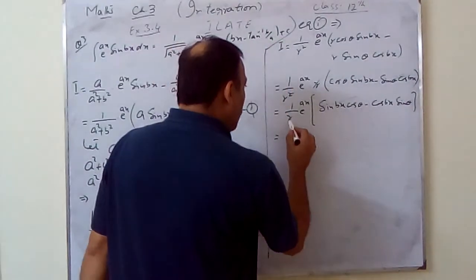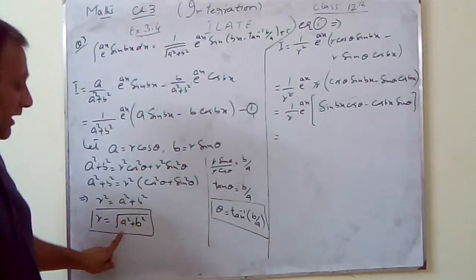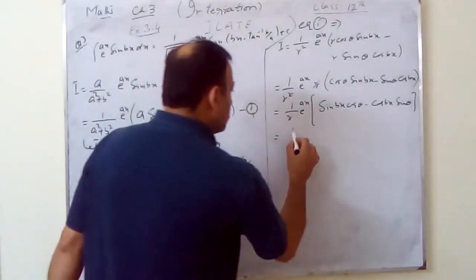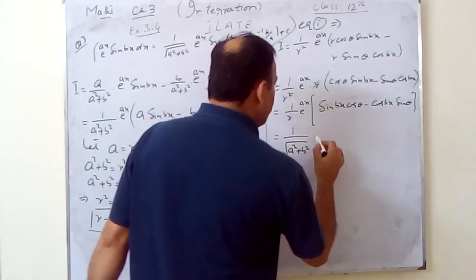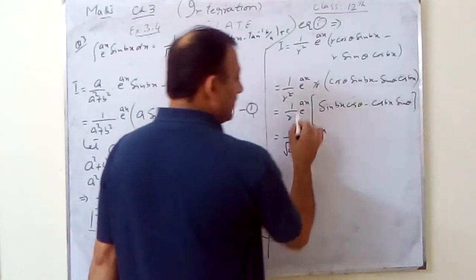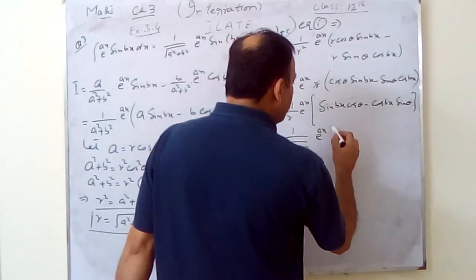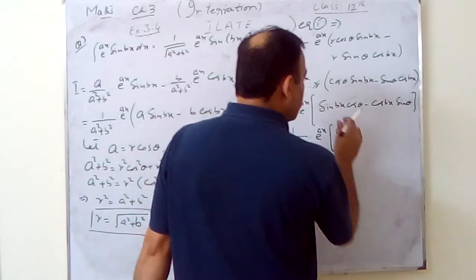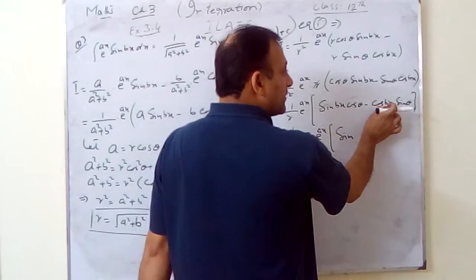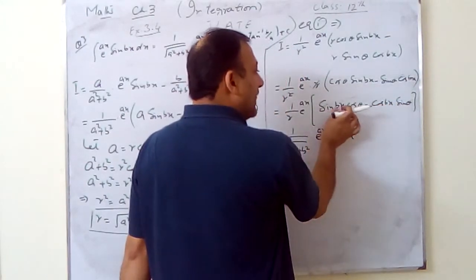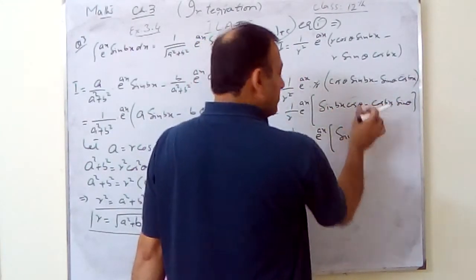So 1 over r, that is 1 over square root of a square plus b square e power ax, and here we have sin alpha cos beta minus cos alpha sin beta, so sin alpha minus beta.